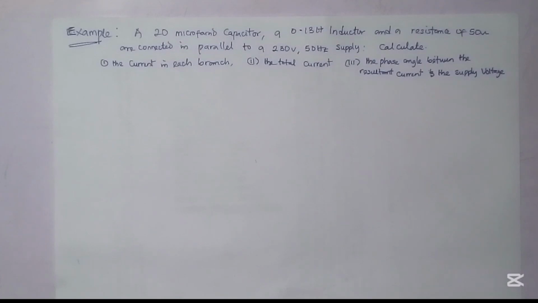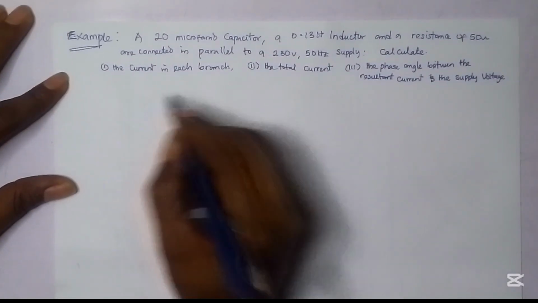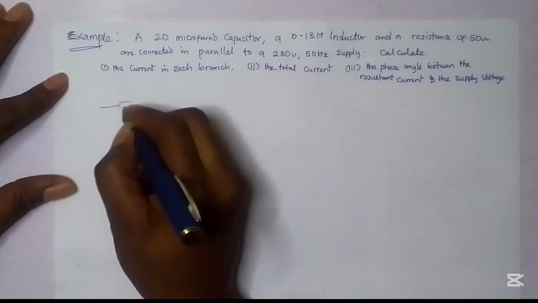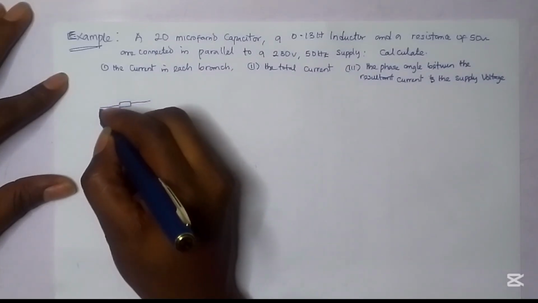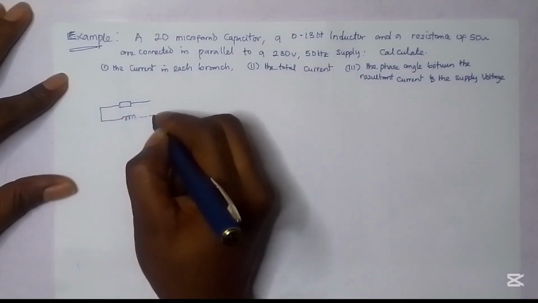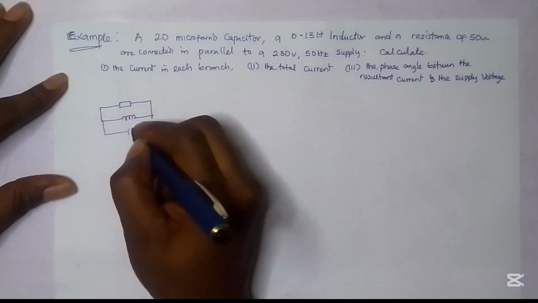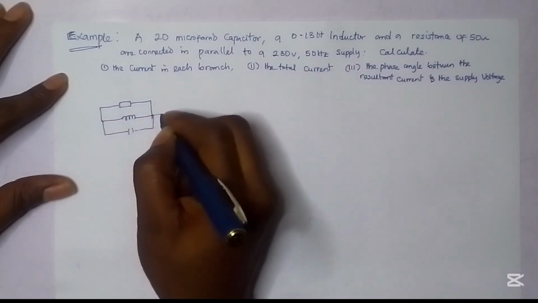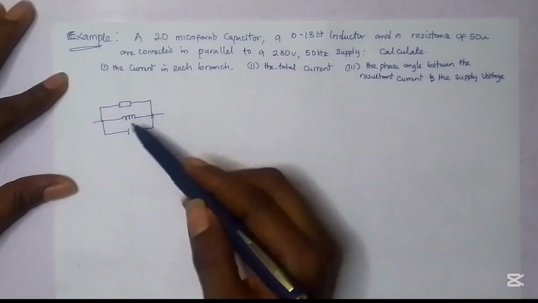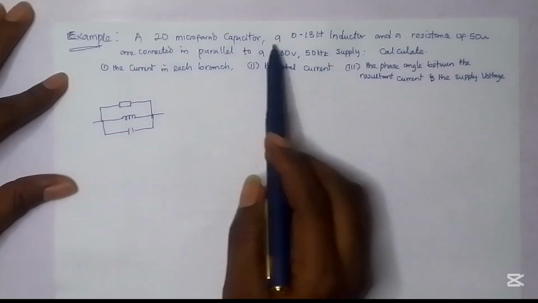So without any waste of time, let's look at what this circuit will look like. We can see the value for our resistor, inductor, and capacitor from the circuit here.